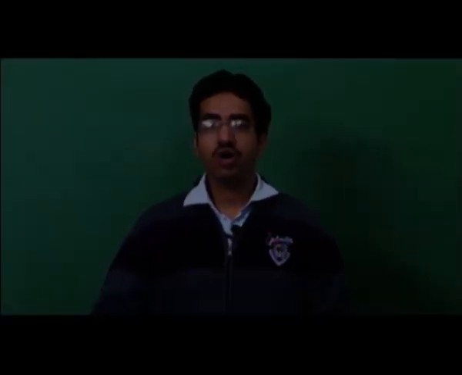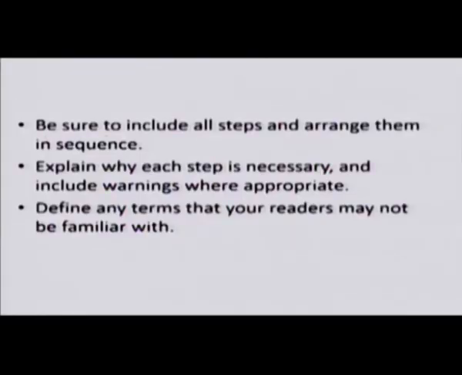So, when you are preparing a user manual, you need to keep following points in mind. So, as mentioned, you need to include all steps and arrange them in the proper sequence. Then explain why each step is necessary and include warnings where appropriate.